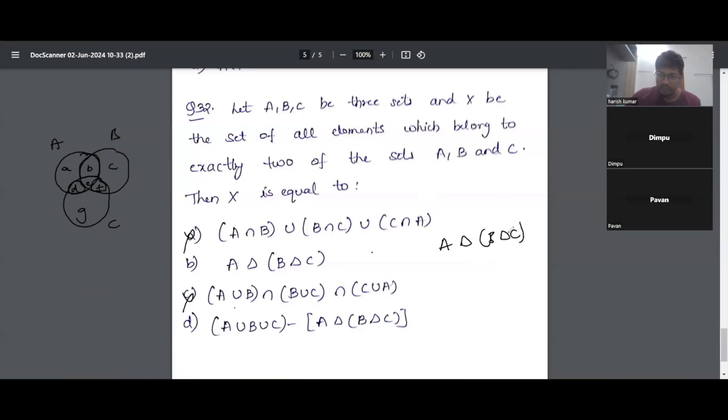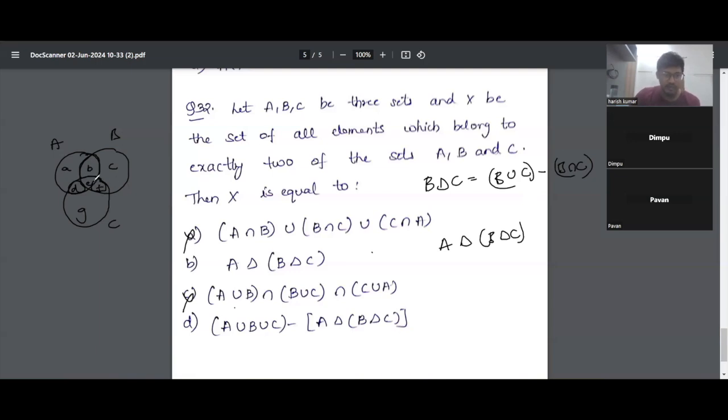First of all, what is B delta C? It is B union C minus B intersection C, yes or no? So B union C is this entire thing, minus B intersection C, which means I have to remove these parts.